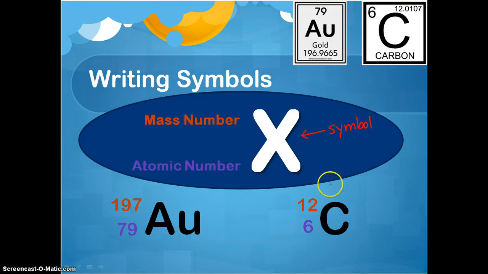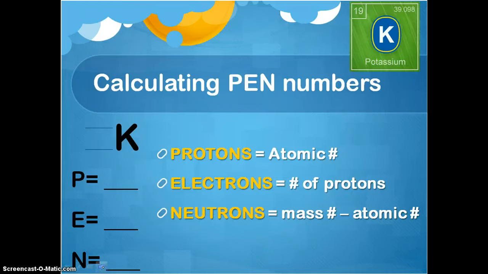So being able to write the symbol is going to take us to our next step, which is calculating the PIN. Now, these PIN numbers, not a PIN like in an ATM, this is going to be the number of protons, electrons, and neutrons that an element has. We see our cute little periodic table square up here.